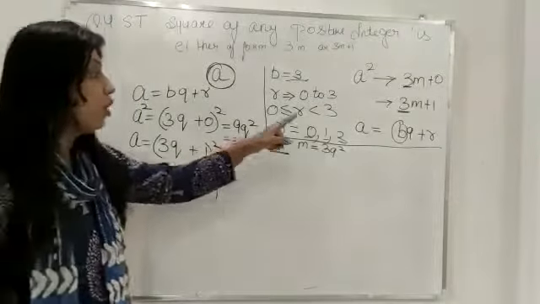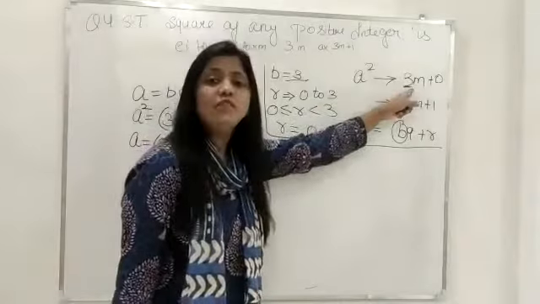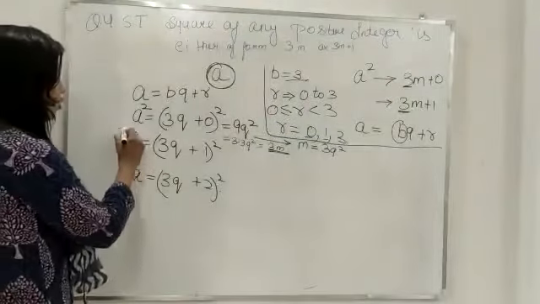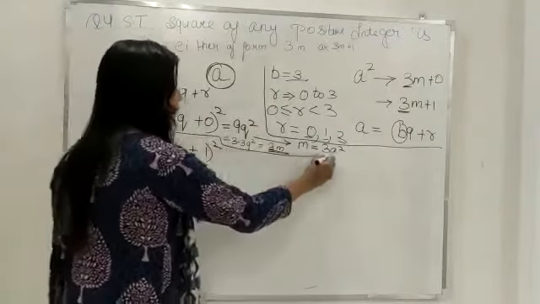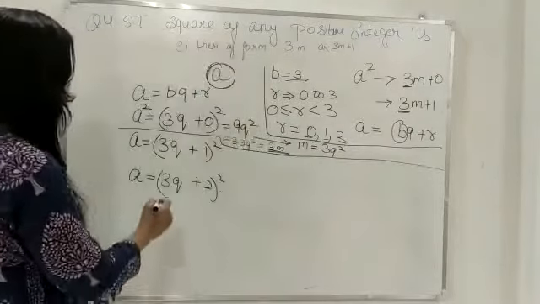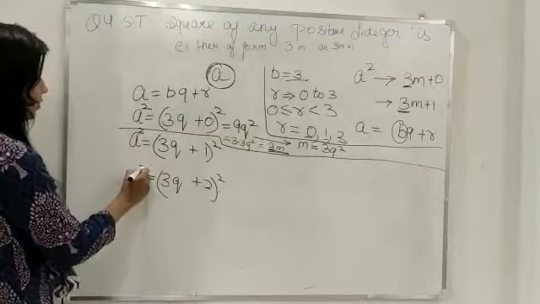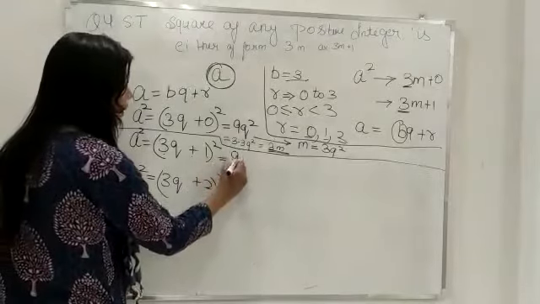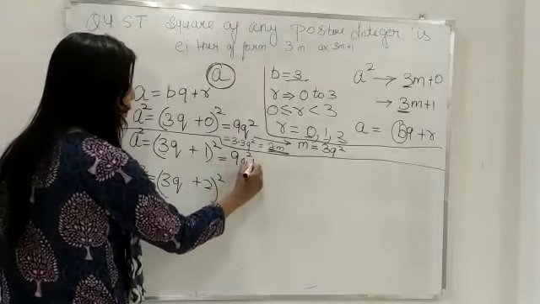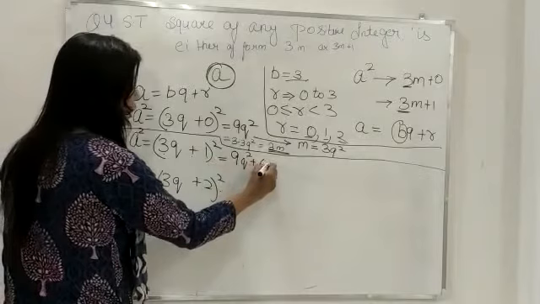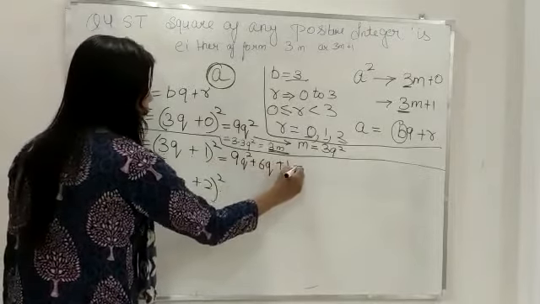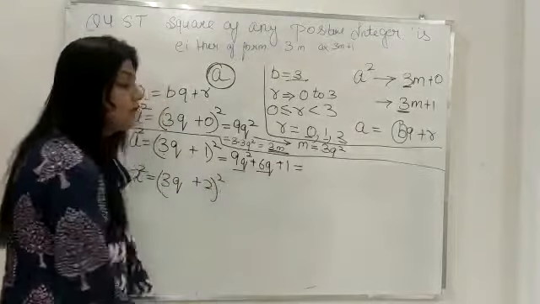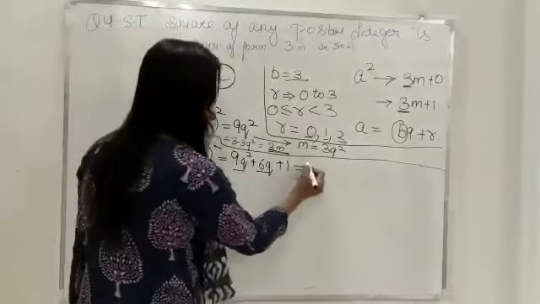Because I want to prove that a square is of the form 3m. Next, when I do the square of 3q plus 1, from the first term and second term, I can take out 3 common.